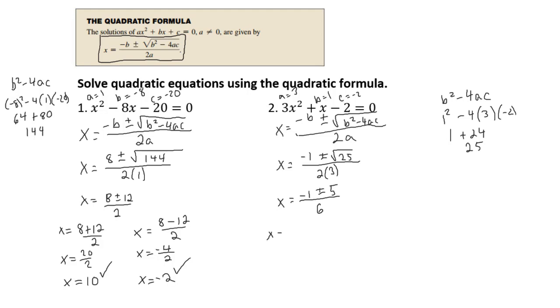Now when you split into 2, that'd be x equals negative 1 plus 5 over 6, and x equals negative 1 minus 5 over 6. Negative 1 plus 5 would be 4, so 4 over 6 becomes 2/3. And then x equals negative 1 and negative 5 give me negative 6 over 6, so that gives me negative 1. And so those are our two solutions.